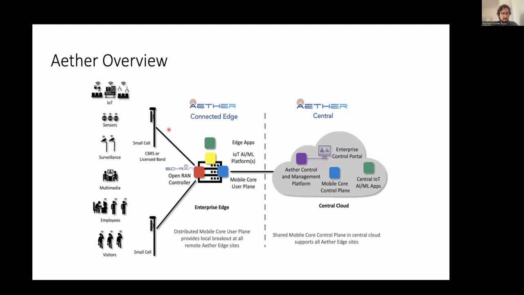One of them being the connectivity itself, for instance, for 5G small cells. And the goal is that Aether would provide the means to deploy, configure and manage edge sites as well as central clouds through a management platform, in a way that the different projects that ONF has, for instance SD-RAN, SD-Core, and SD-Fabric, can be operationalized by Aether.